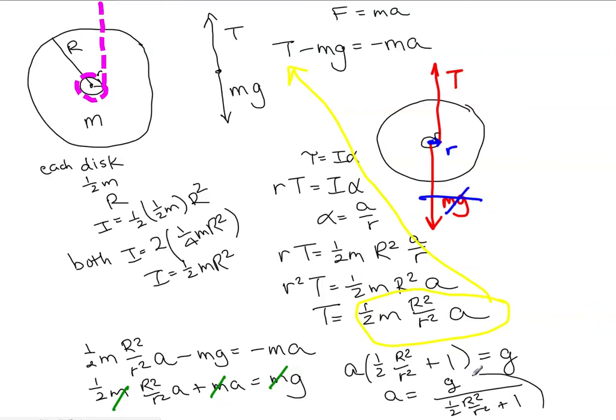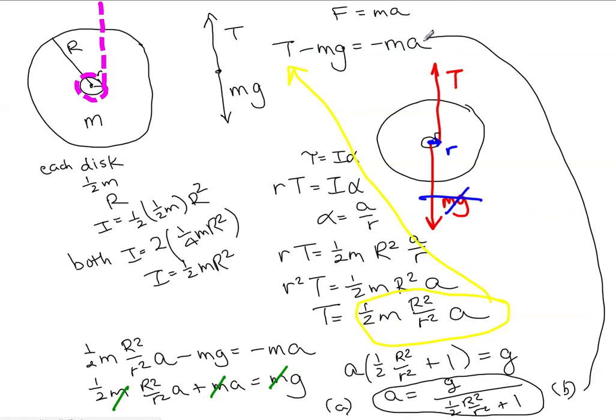And that's something I can plug my numbers into and get the acceleration. So that's part A. To do part B, all we have to do is use this answer and put it back in this equation to find the tension. Since we know the mass and we have gravity and we've just calculated the acceleration, calculating the tension should be easy.